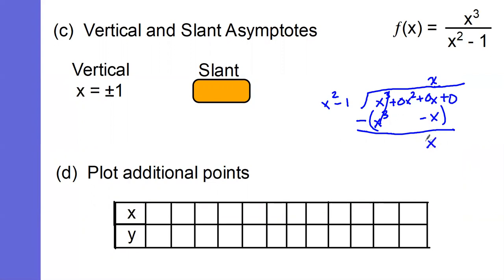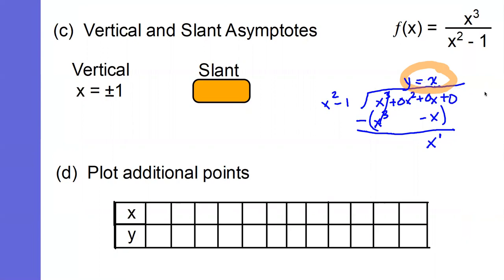At this point, the degree of this is 1, and that is smaller than the degree of the denominator, so this would be my remainder. I don't need to worry about it when I'm dealing with slant asymptotes. All I need to worry about is my quotient. I have this x here, and all I have to do is add in y equals, and I'll have my slant asymptote.